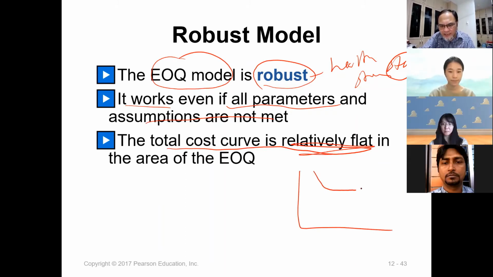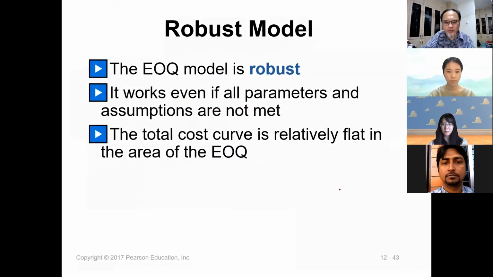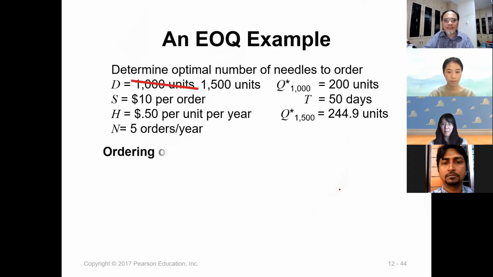So your Q star can be within this range. It must not be exactly at that particular point.